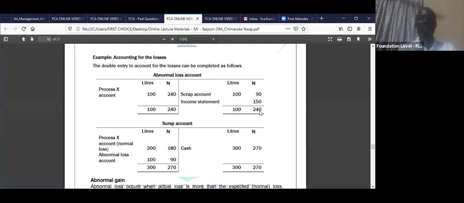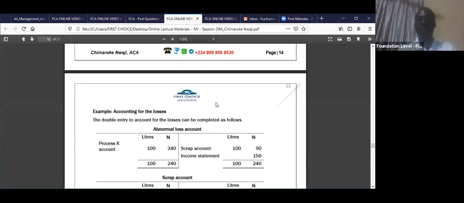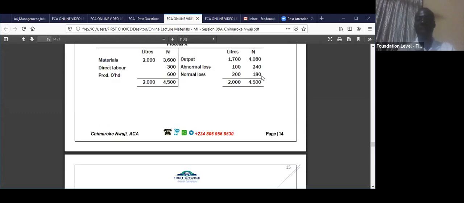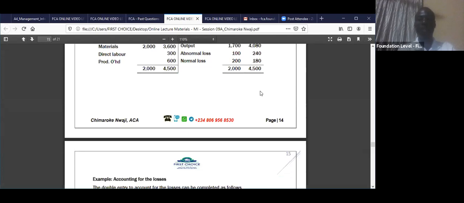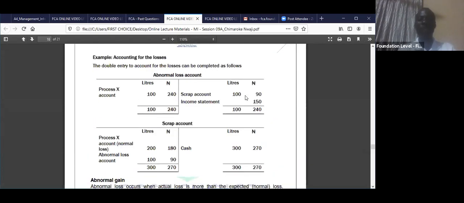Now, if you go to the scrap account, from the normal loss you got this 180 here, which is taken to the scrap account. Then the abnormal loss, see this 90 naira, we bring them here. So it means that you lost 300 units.